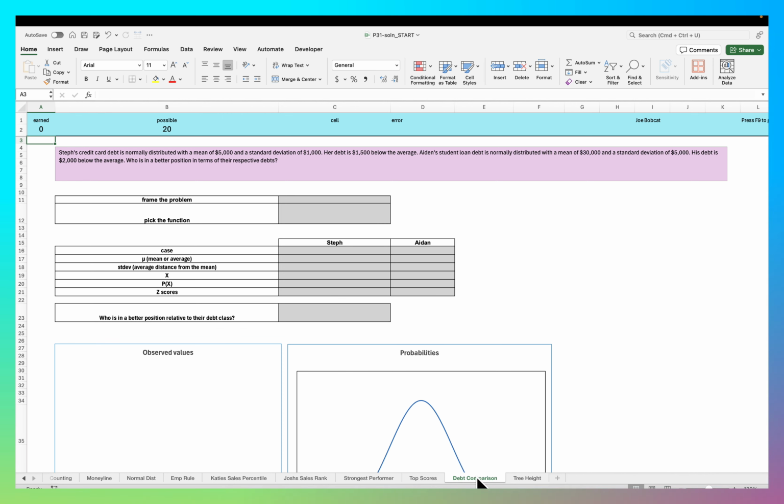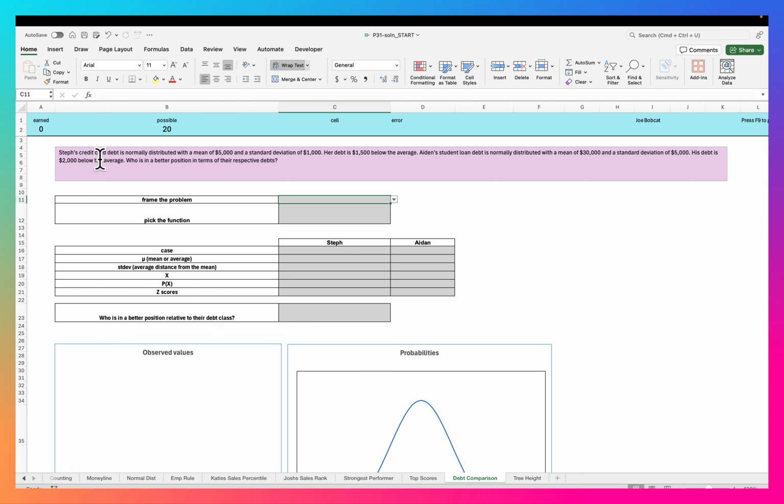All right, what about debt comparison? These comparison problems are fun because they allow you to compare people on different scales and put them on the same scale by boiling everything down to a standardized measure, which is the z-score. So first let's look here. Steph's credit card debt is normally distributed with a mean of $5,000 and a standard deviation of $1,000. Her debt is $1,500 below the mean. Then there's Aiden's student loan debt.